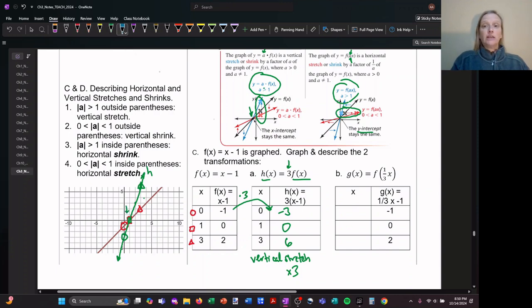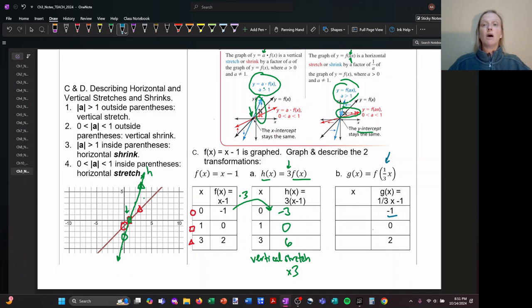Now I'm going to look at another transformation. This time I've done multiplication, but the multiplication is happening inside parentheses. It's happening to x before x goes into the function machine. Now, remember, in order to get the same output that I had before, and I'm multiplying that x by a third, I basically have to do the opposite of multiplying by a third.